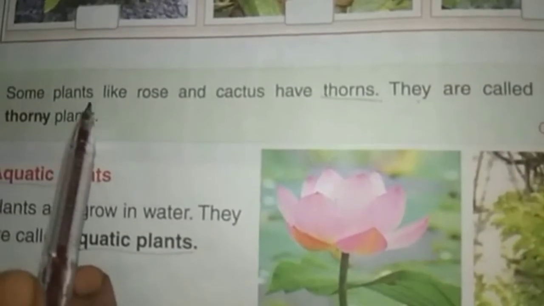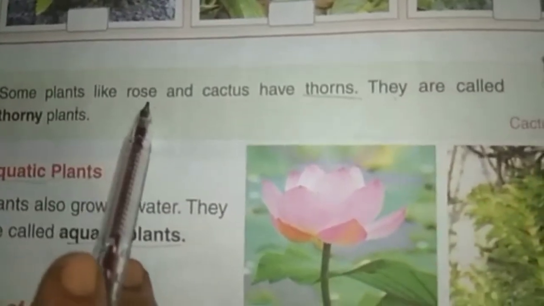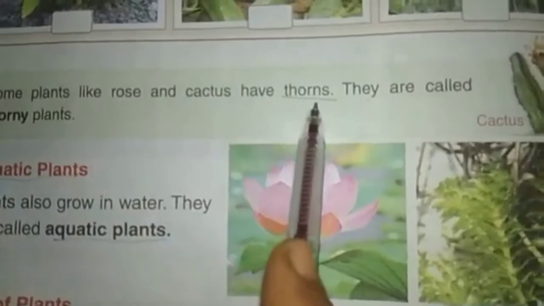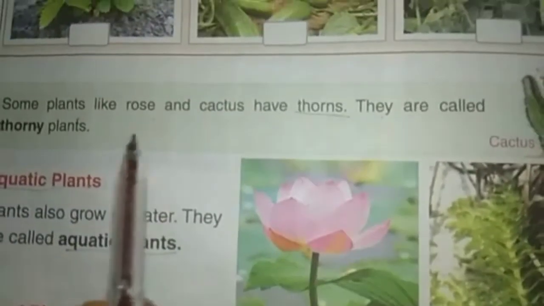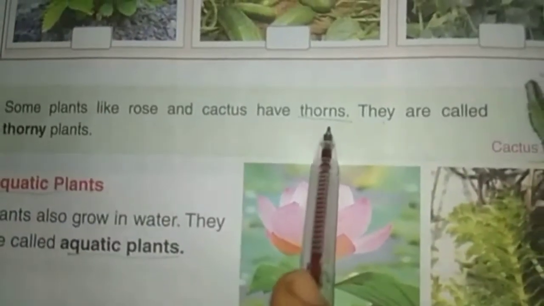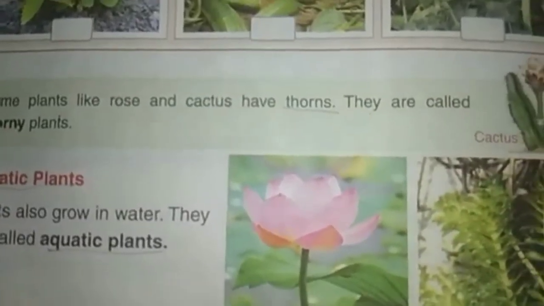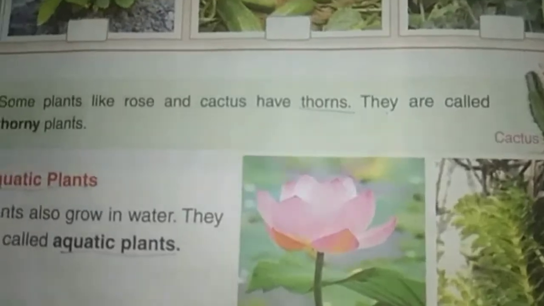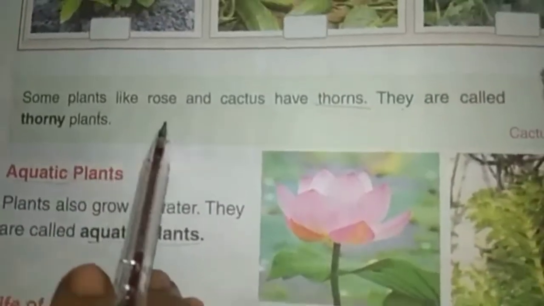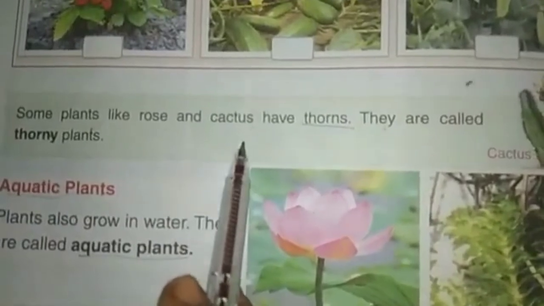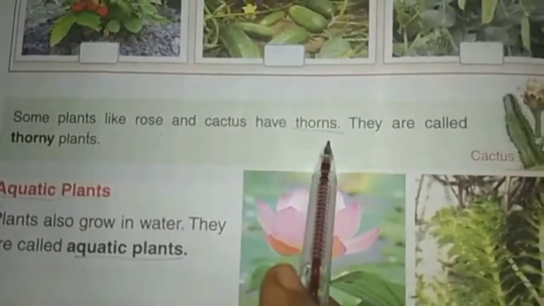Some plants like rose and cactus have thorns. Already we said the cactus and all that, the stem bears thorns. So some plants like rose and cactus have thorns.